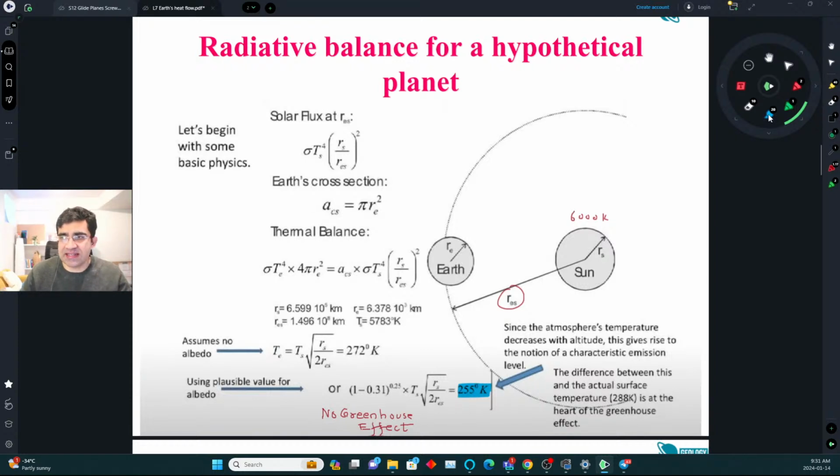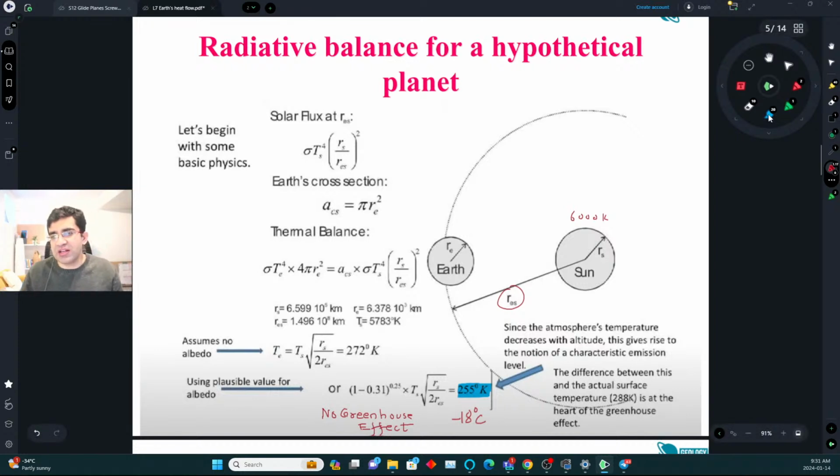Minus 18. Very good. So Earth would be minus 18 on average. So life will not be possible without the greenhouse effect.